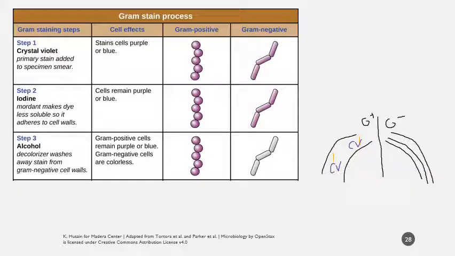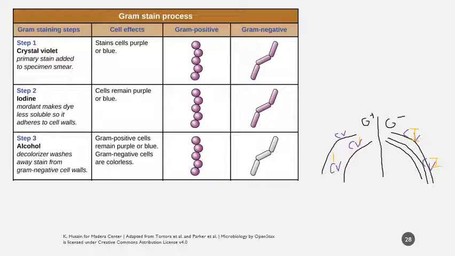And more crystal violet and more iodine. Okay, so another thing to note is there might be some extra crystal violet right here that might just get washed off, but what we're going to have happen is we're going to flood this with alcohol.